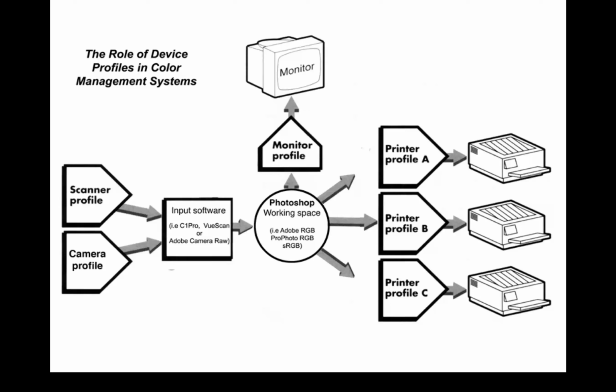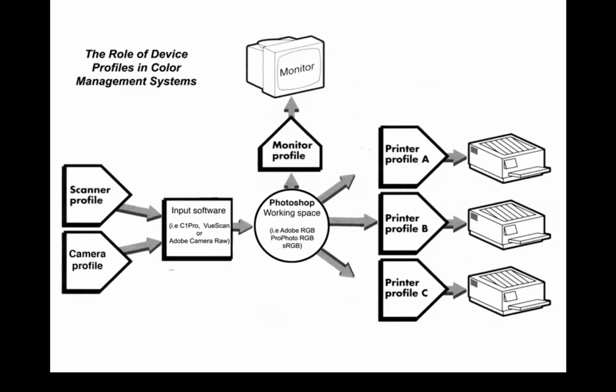And the reason that works for us is that if you've corrected any sort of input at all, you can bring it into here. It is unambiguous in this space, and then you can send it out to a monitor through a profile to correct for it, or out to a printer to correct for it, or out to a film scanner to correct for it, or whatever output that you actually do.